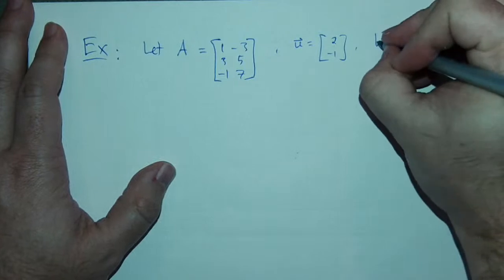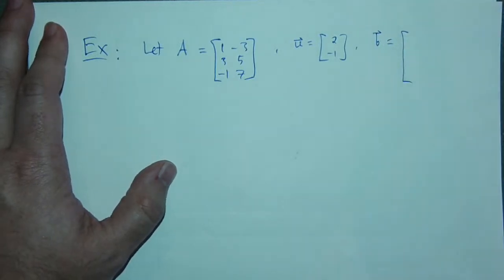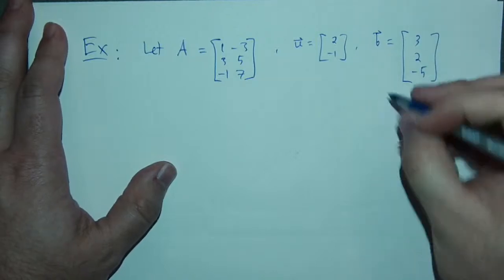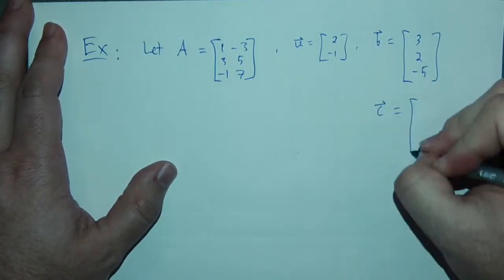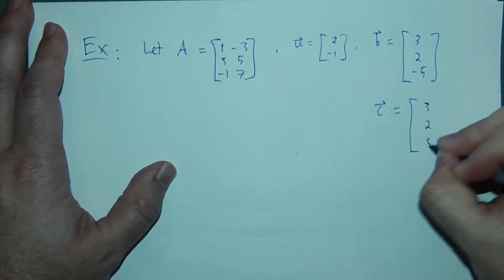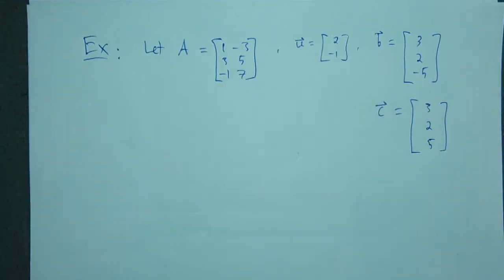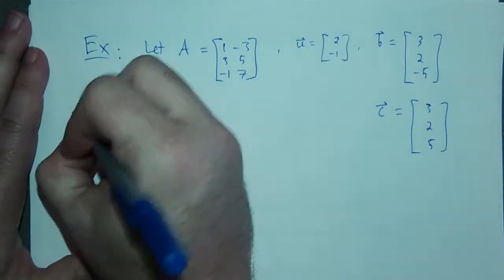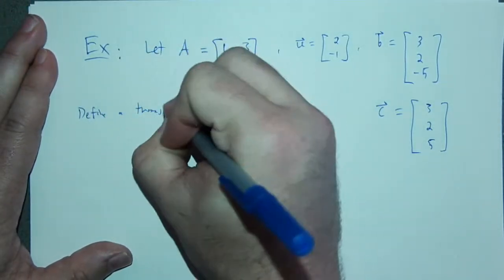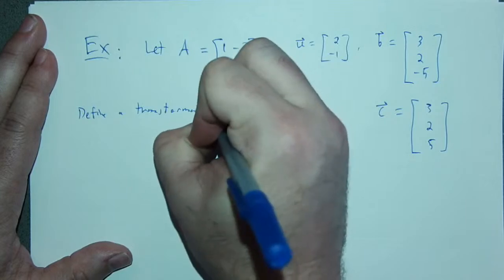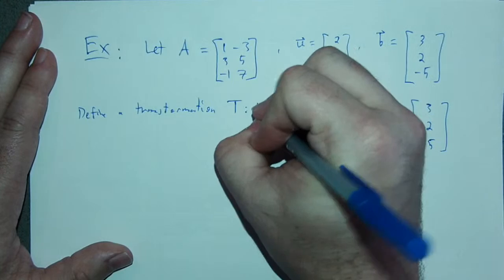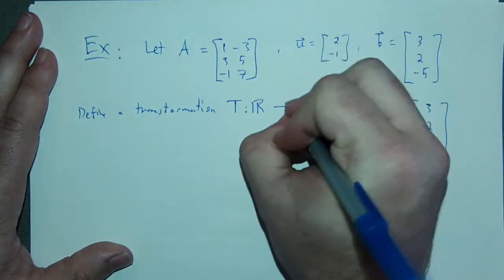Let b be the vector 3, 2, minus 5. And let c be the vector 3, 2, 5. Okay, so define a transformation T, and I'm going to leave these open for now.